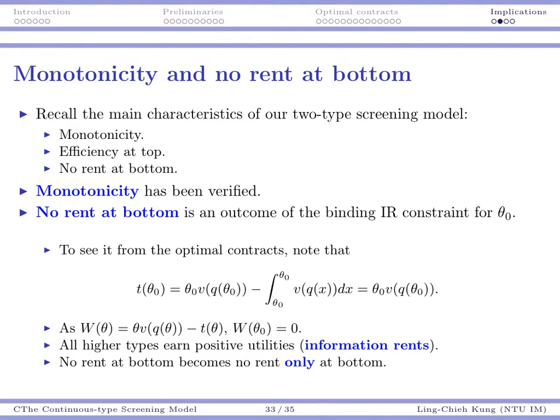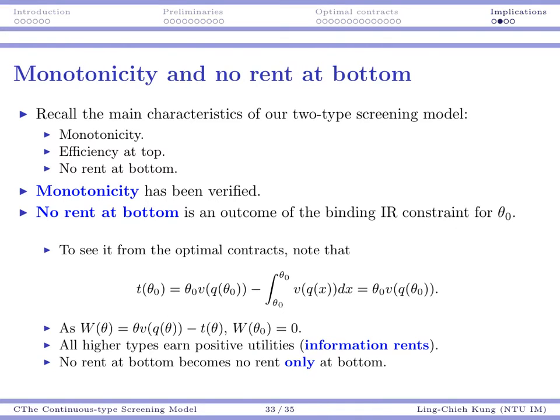If you want to see that from the optimal contract, there's no problem. So T of theta 0 should be calculated according to the T formula by plugging theta 0 into theta. And then the last term here is 0. There is nothing to collect from this integral. Because W of theta, by definition, is the utility you obtain from consumption minus your transfer, if you observe that they are the same, then you understand that this is 0.